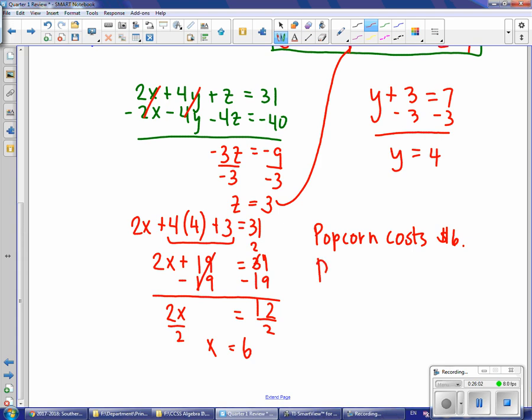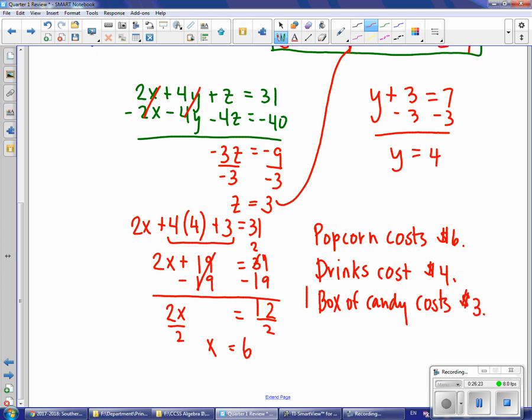So drinks cost the value of y, which is $4. And one box of candy costs the value of z, which is $3. And so now you've finished solving.